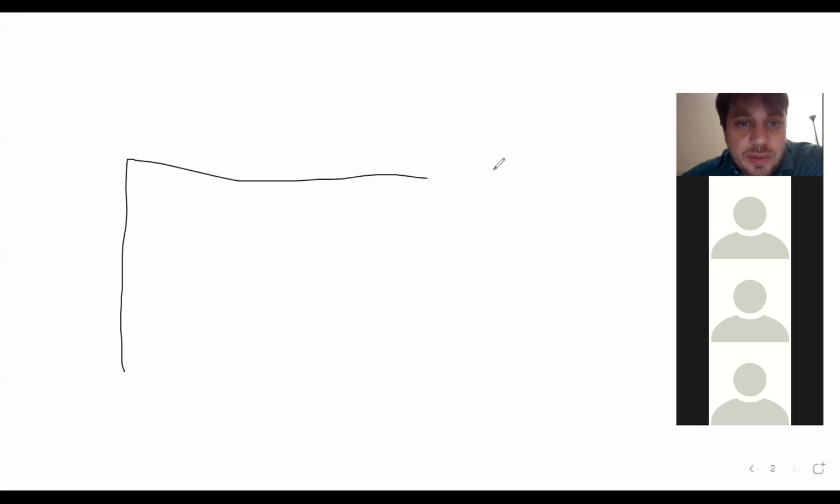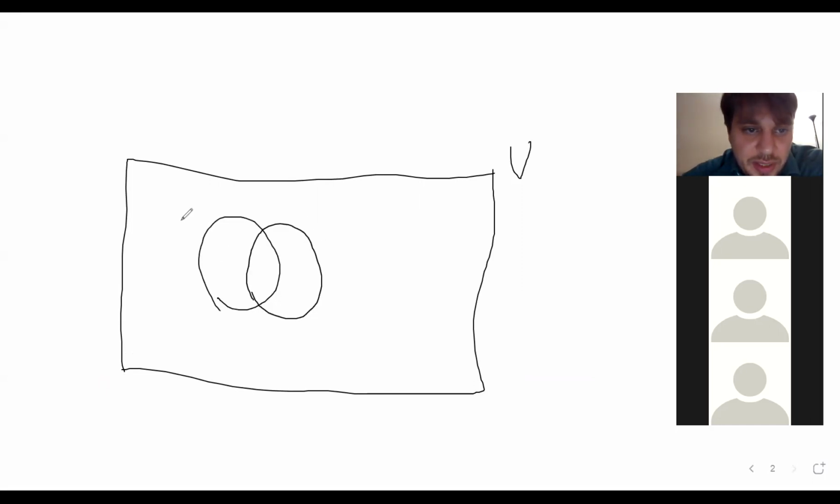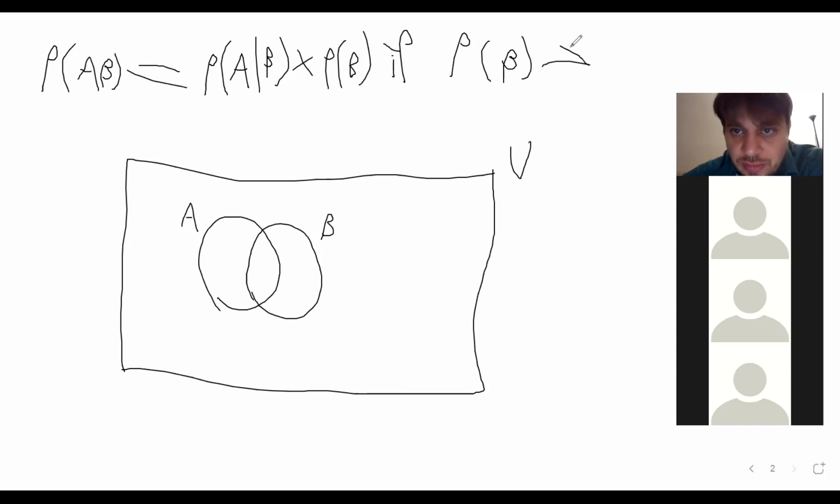You have the universal set, and then you have event A and event B. What we're illustrating is that the probability of AB is equal to the probability of A given B times the probability of B. And this is if the probability of B is positive.